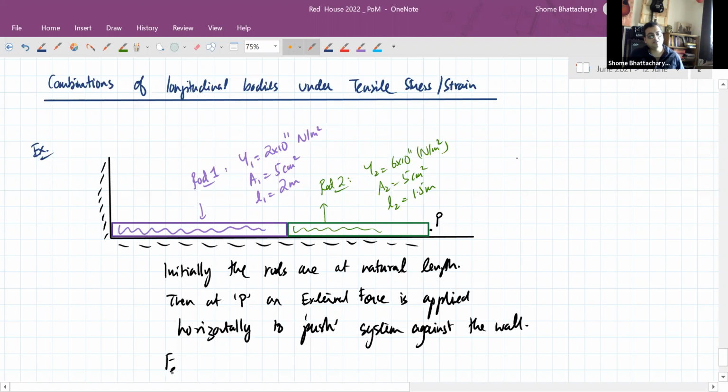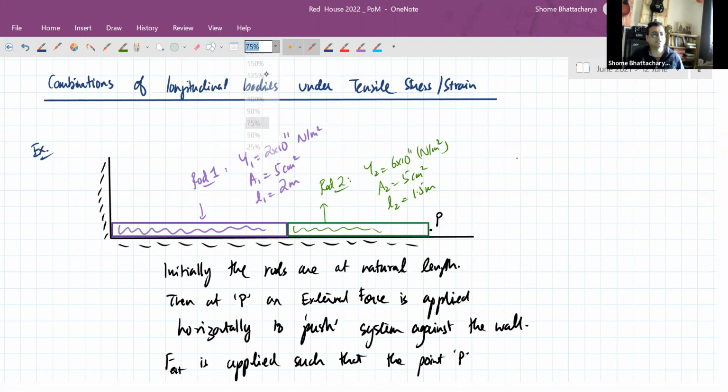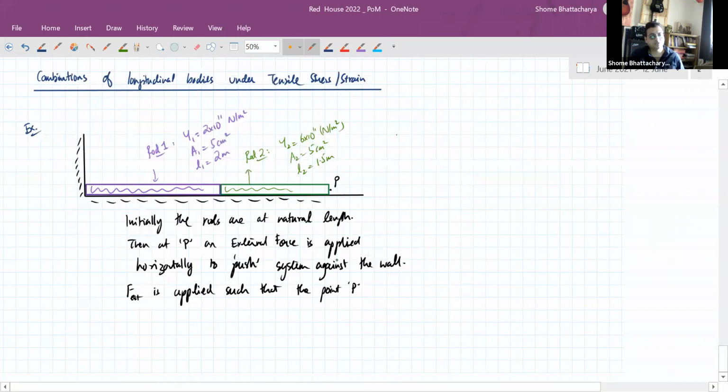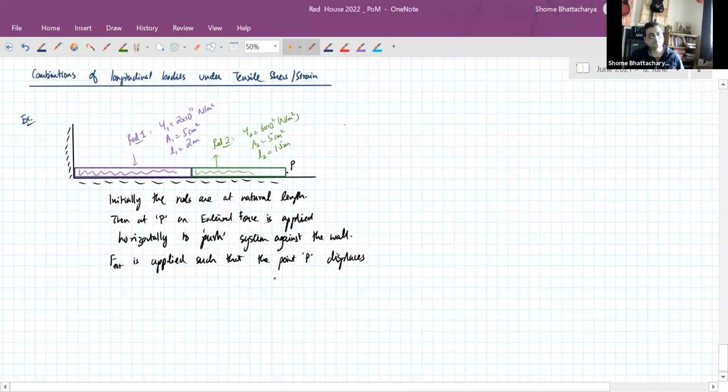So F external is applied such that the point P where it is applied displaces through a certain distance. Let's say it displaces through 0.6 millimeters.